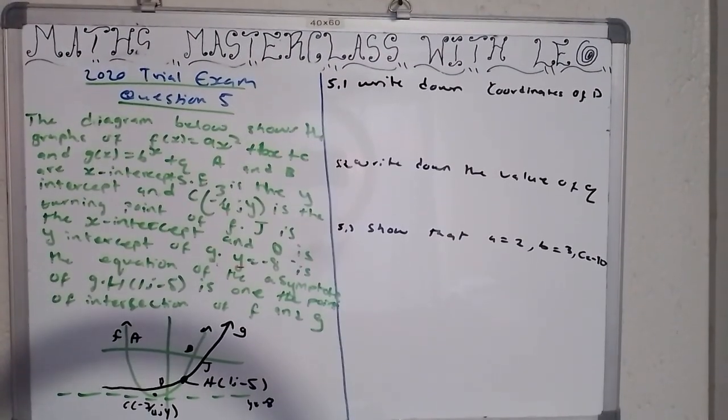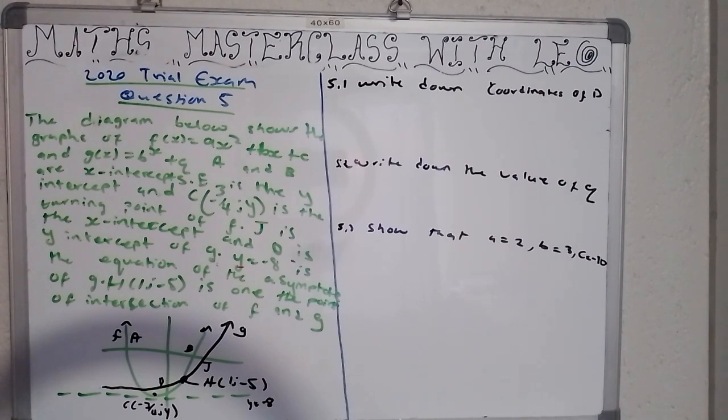Okay, we have our question 5. We have a very long statement. The diagram below shows the graph of f of x equals ax squared plus bx plus c, and g of x, which equals b to the power x plus q. A and b are x-intercepts. E is the y-intercept, and c is the turning point of f, which is negative 3 over 4, y.